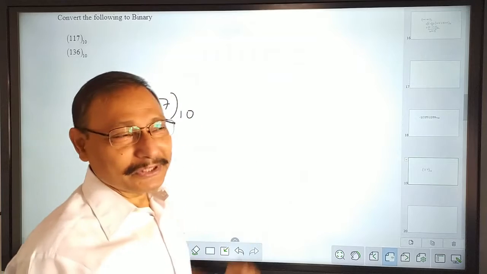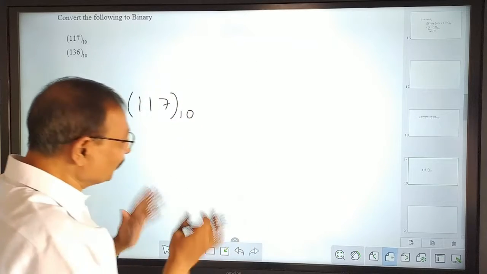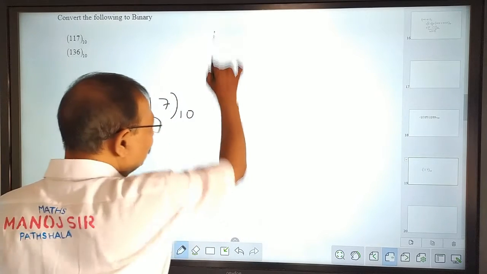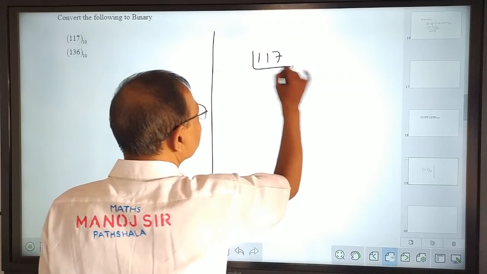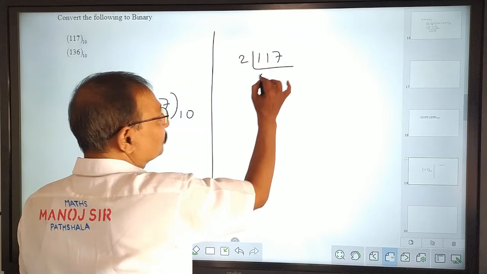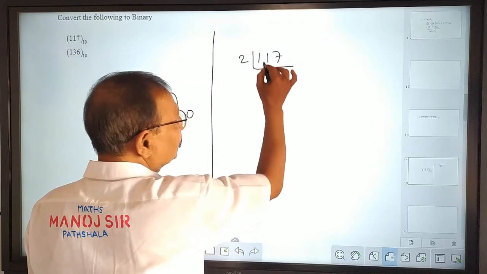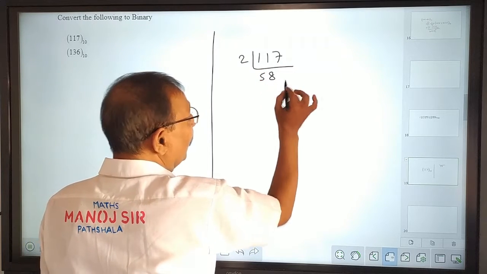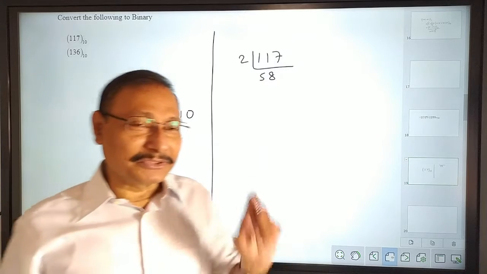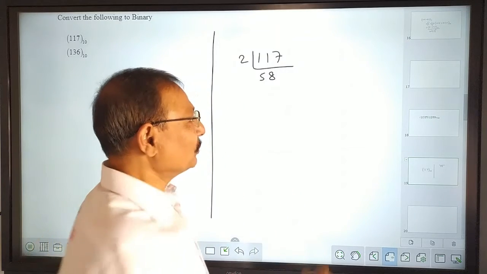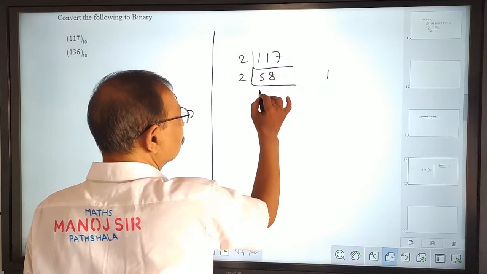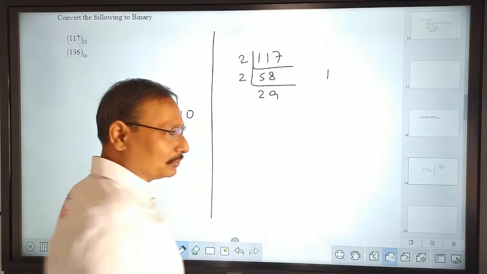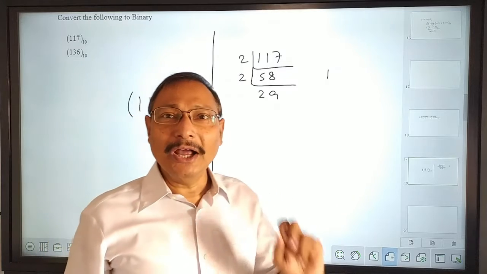If we want to convert it into a binary number, we should divide this 117 by 2. When we divide, the quotient we get is 58, and at the same time the remainder is 1. So write the remainder here. Again divide this 58 by 2, we get 29. This time we don't have any remainder.